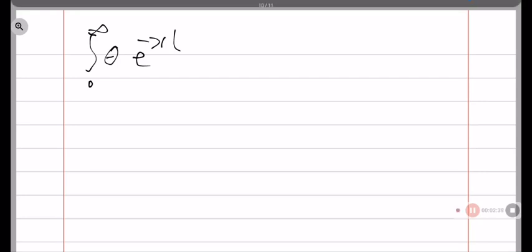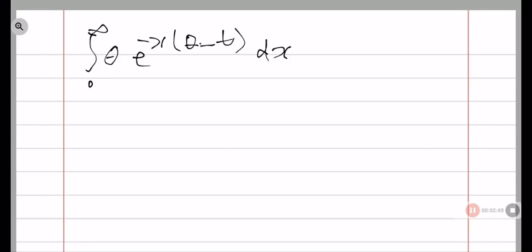As we know, when this integral is with respect to x, in the exponent we have theta minus t, and we have a minus sign, so we need to multiply by theta minus t times minus 1.